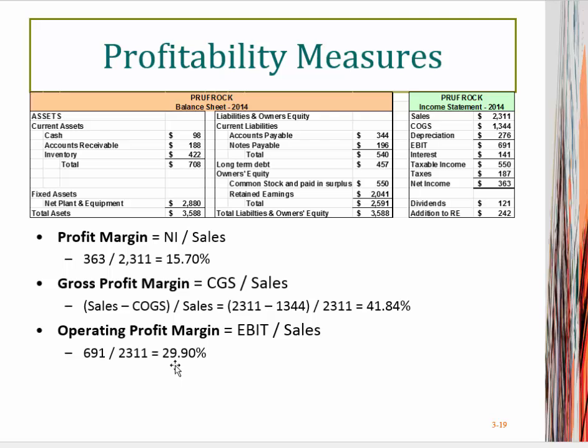So after all the expenses of operations are incorporated, the company still has 29.9 cents of every dollar left over to pay for other things. Well, what else is left to pay for? If you look at the line items, we only have interest and we only have taxes. So the operating profit margin number gives us a picture of how well the company overall is managing the expenses of running the company.